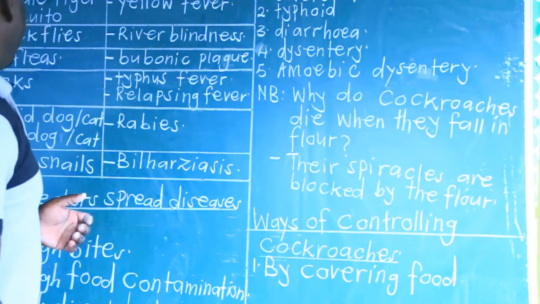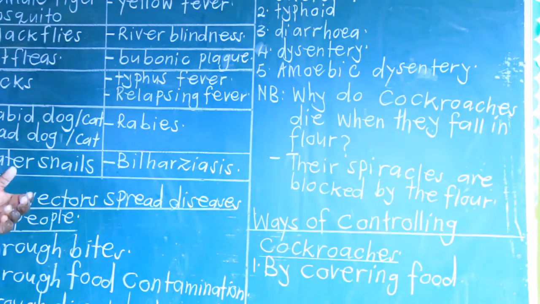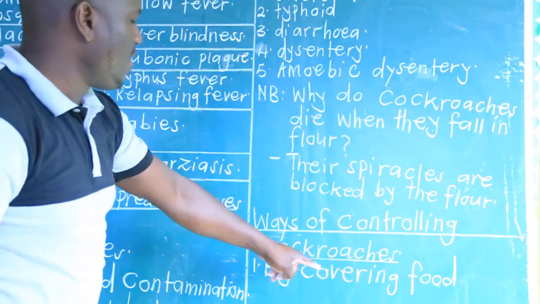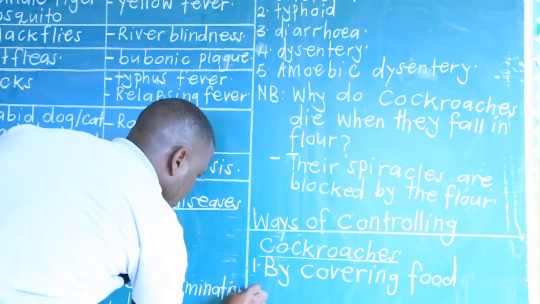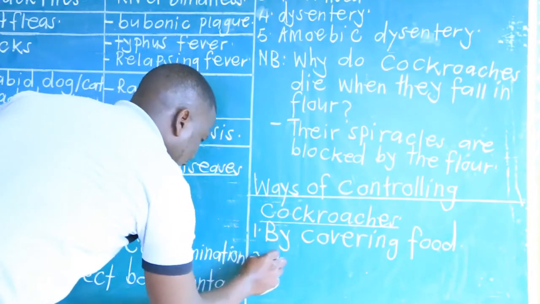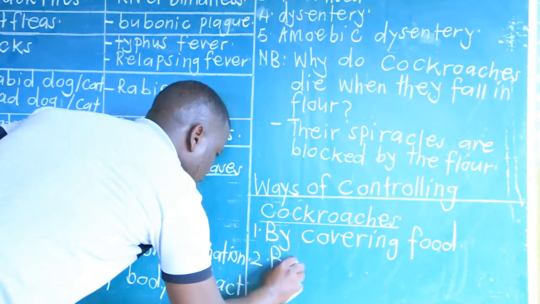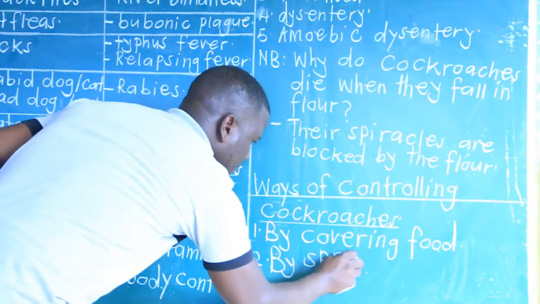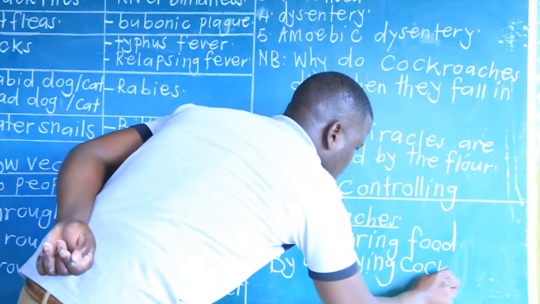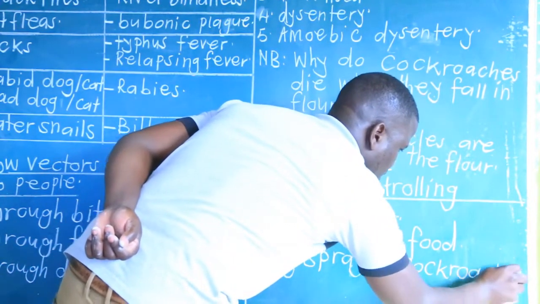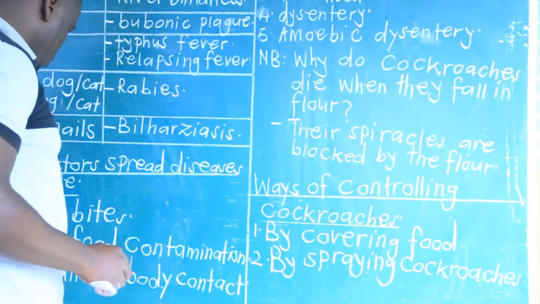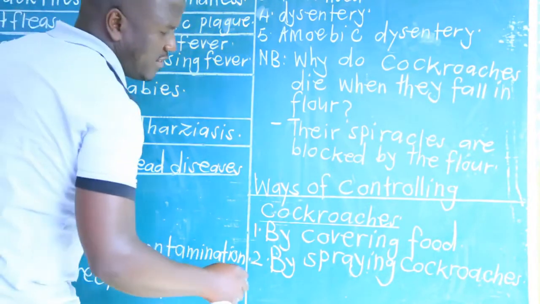Remember, we've said some vectors spread diseases through food contamination. So when you cover food, you are preventing cockroaches from spreading germs. Number two, by spraying cockroaches with insecticides.